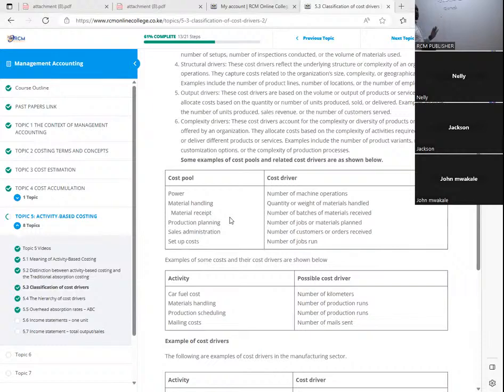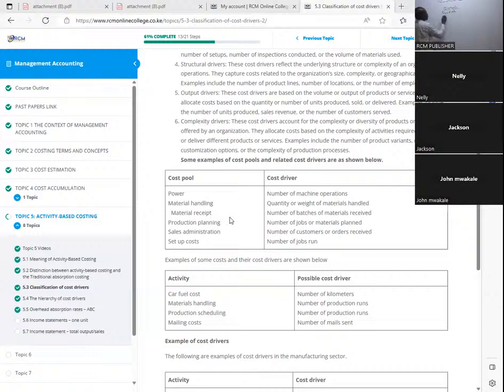Remember the question that we are doing there? We are given the overheads. And then down here, we are given now the cost pool or the cost driver. So here, the overheads, this is where you have the cost pool. We have rent and rates. I think you can remember the question.